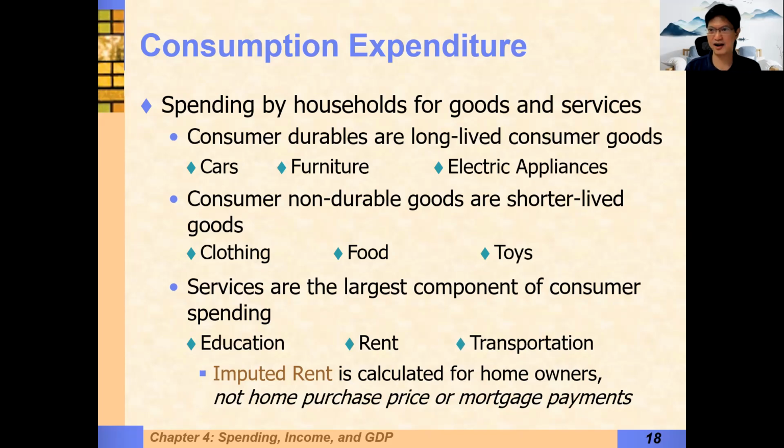Or the largest part of our services consumption is actually consumption of housing services, rent. And more than rent, we also calculate imputed rent for the people who live in their own apartments, so that we calculate all of the housing services that are being consumed by the people in the economy.